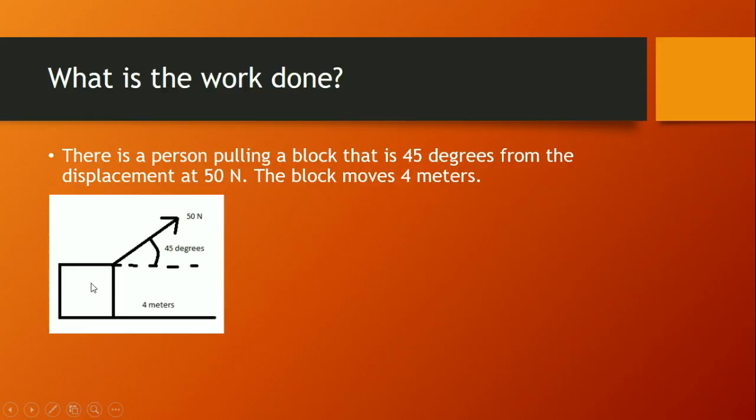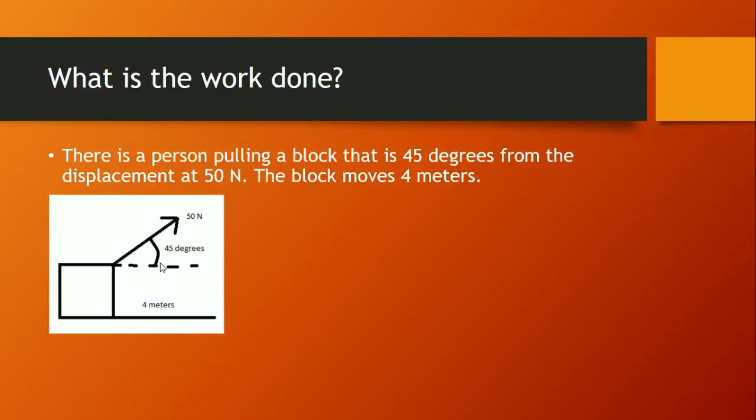We have a block here. We have this dotted line that represents displacement of 4 meters. The person is pulling with 50 newtons of force at 45 degrees from which the block moved. So if you imagine this picture, good for you. Always when you're starting out with these problems, just draw a picture and it'll clear things up really well.